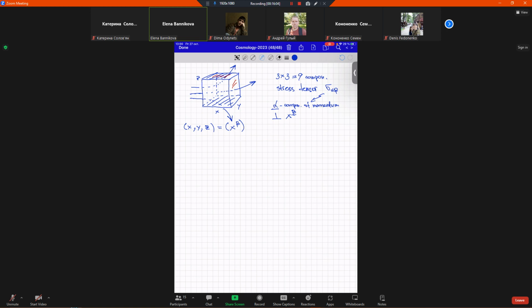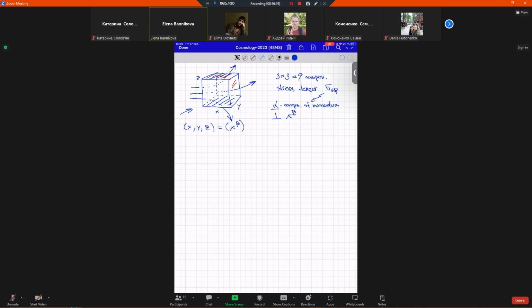In principle, this stress tensor consists of the information about how matter goes through the volume. And as I put here, you can see that it can be a complicated motion of the matter. That is why we need to take into account the differential properties of all of this.